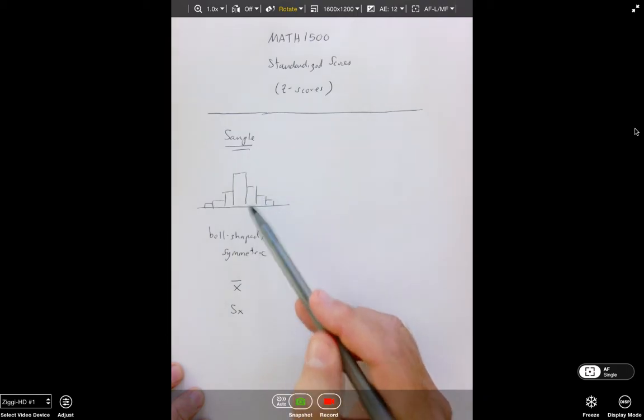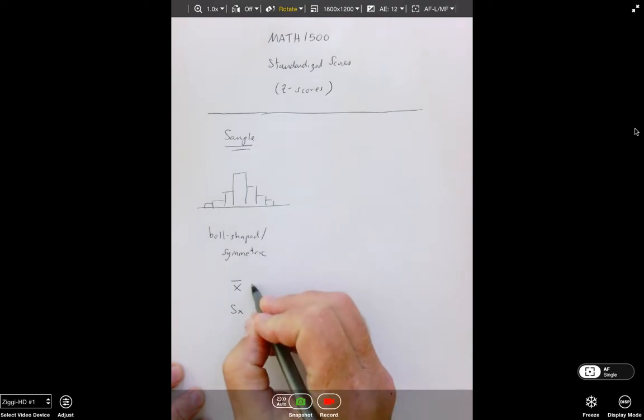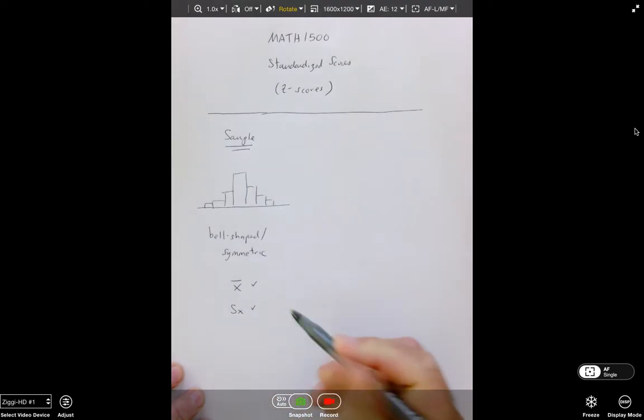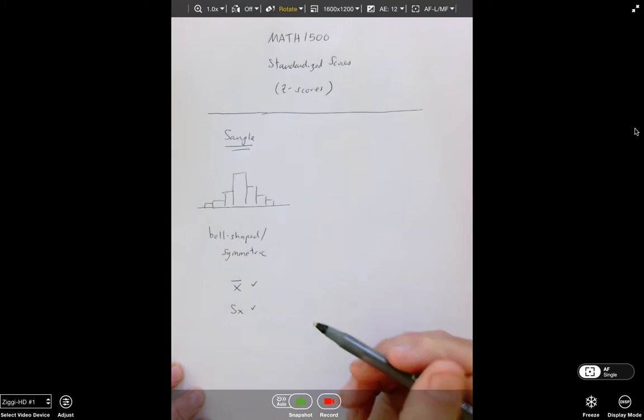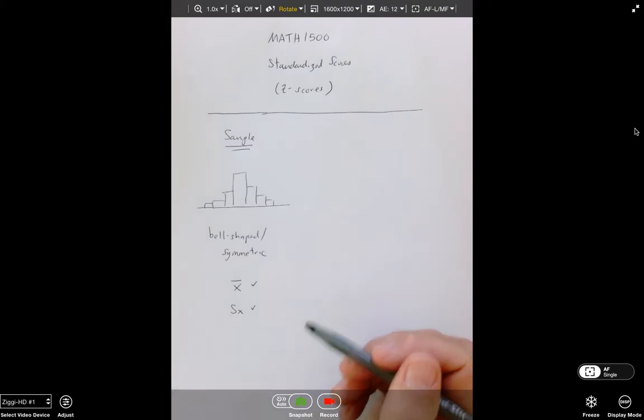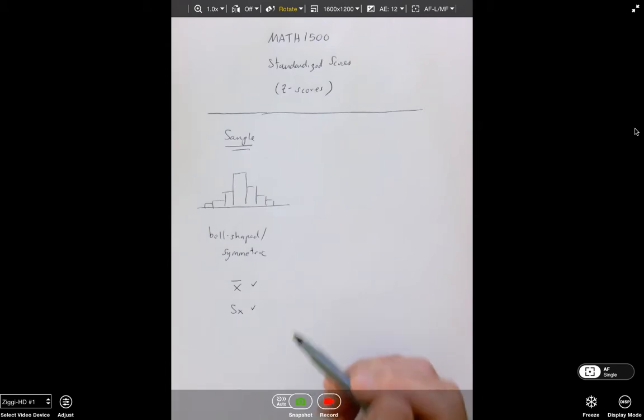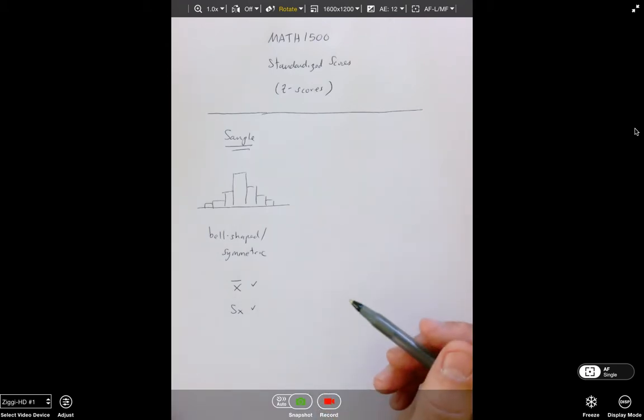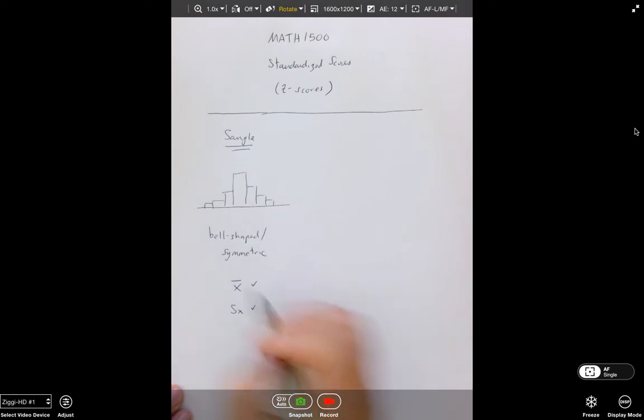But the two measures of center and spread that we would depend on to make important decisions about our distribution would more than likely be the mean and the standard deviation. So we report it all, but the two best measures would be the mean and the standard deviation.